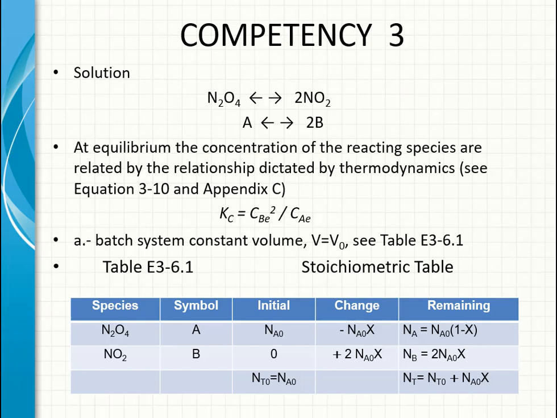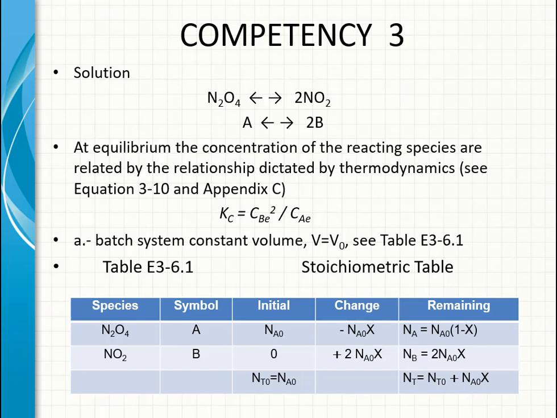So, here we have the reaction. N2O4 goes to 2 of NO2, and 2 of NO2 go back to 1 of N2O4. So schematically, we can put A goes to 2B and 2B returns to A. They are at equilibrium. And at equilibrium, the concentrations of the species are related by the relationships dictated by thermodynamics.